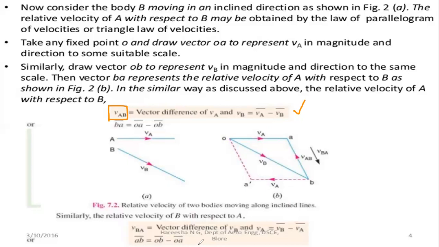We can take either of the two laws, with respect to the fixed position O.